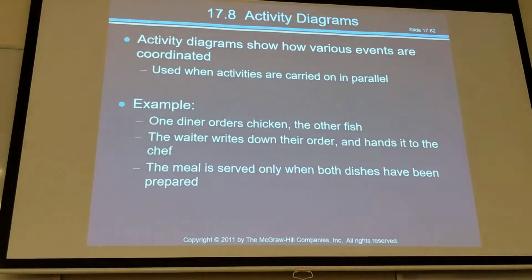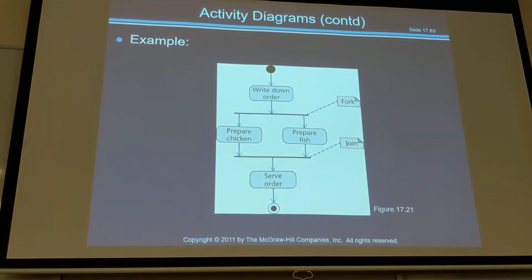All right. So other things we need to discuss a little. We're going to spend about 10 minutes on this. There are some other things that may come in handy. One thing is called the activity diagram. This is for when you have parallel, concurrent execution in your program.